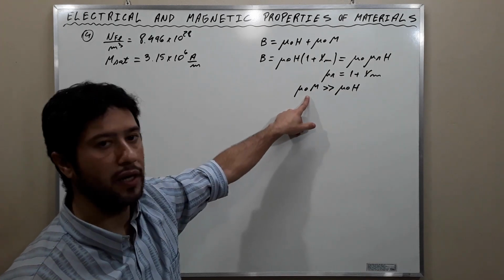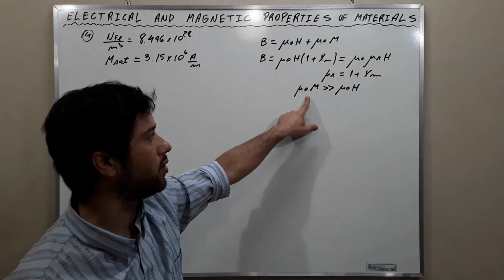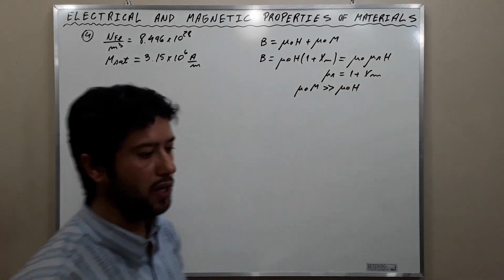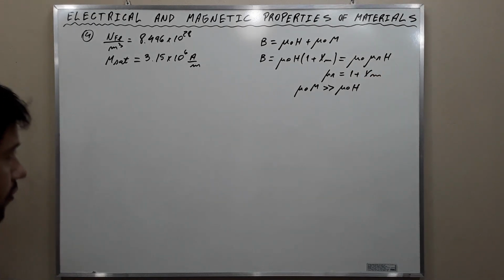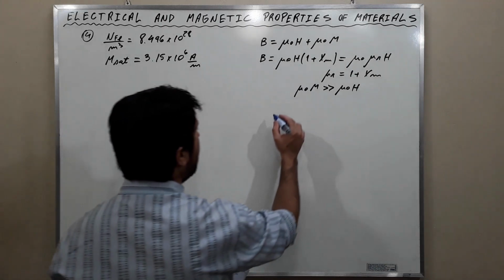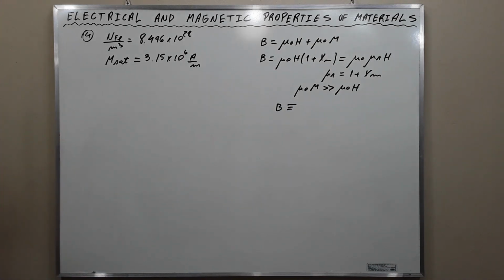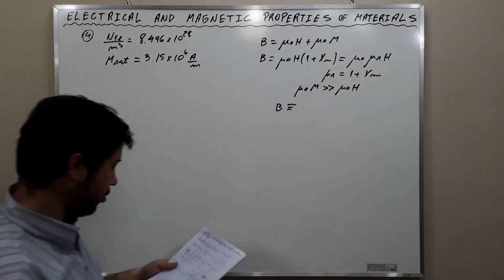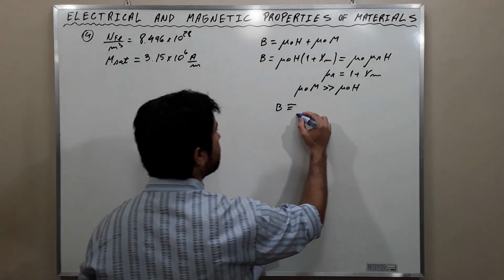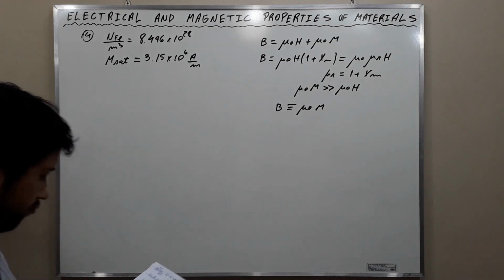But when you put an iron core, you are going to greatly increase the magnetization because the relative permeability of iron is big, okay? Since this is true, we can write that for iron, the magnetic flux density is proportional and approximately equal to mu naught times M. This is the theory, okay?